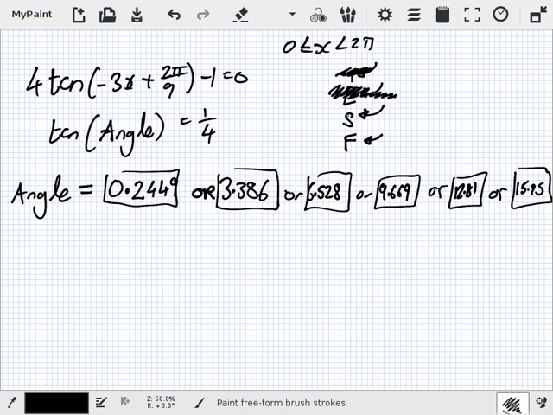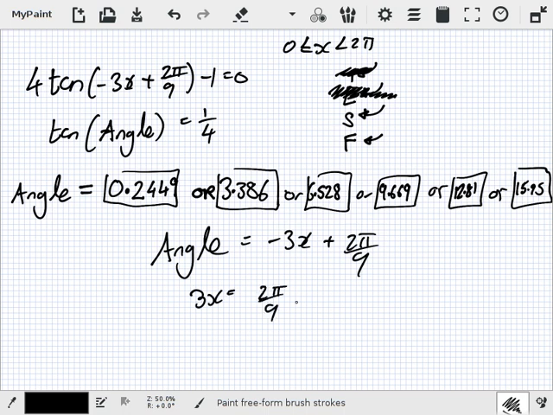Now on to the simplifying step. Are these 6 answers for x? No, they're for the angle. And the angle is minus 3x plus 2 pi over 9. But we don't want this angle, we want x. So think about it like this. If you rearrange this, you could say 3x equals 2 pi over 9 minus the angle.